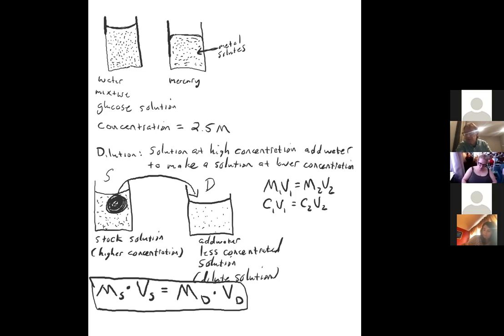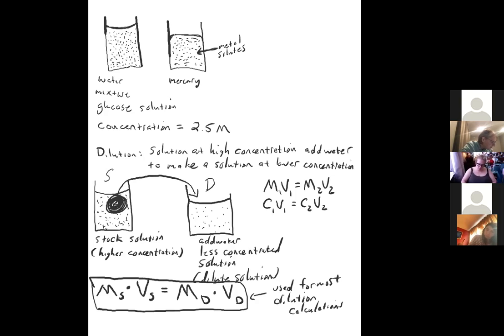You're just saying concentration, but really you mean molarity. And so this equation can be used for most dilution calculations. Okay, you just have to be careful what it means.